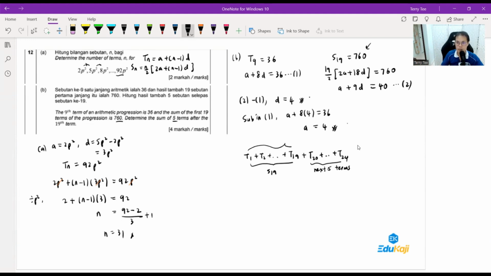Well, this sum is S24. So to find this value, we need to take S24 minus S19. Now, S24, we can use the formula 24 over 2, 2a. Since my a is 4, n minus 1 is 23, my d is also 4, and my S19 is 760.